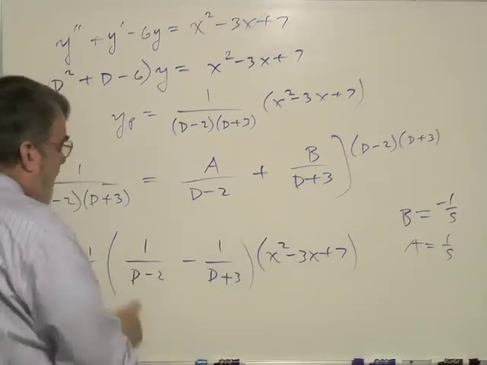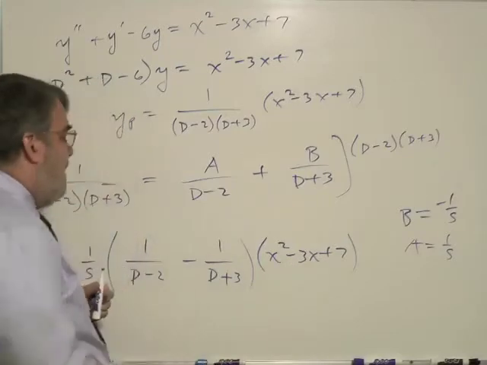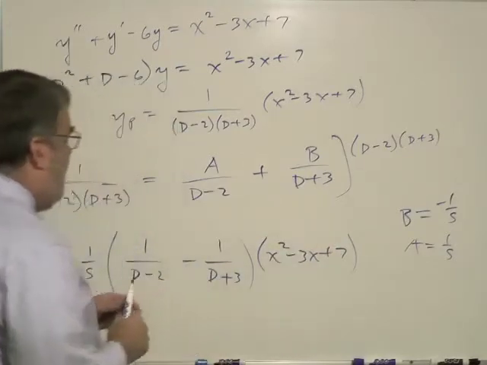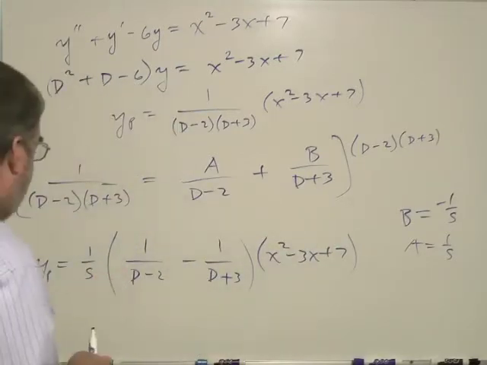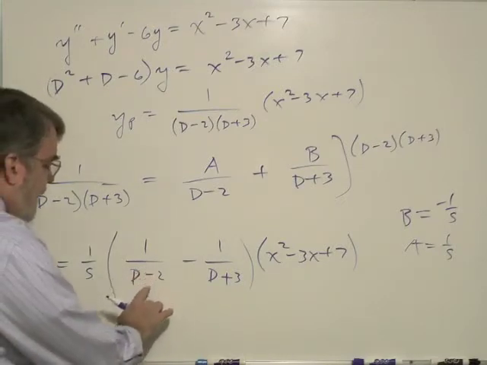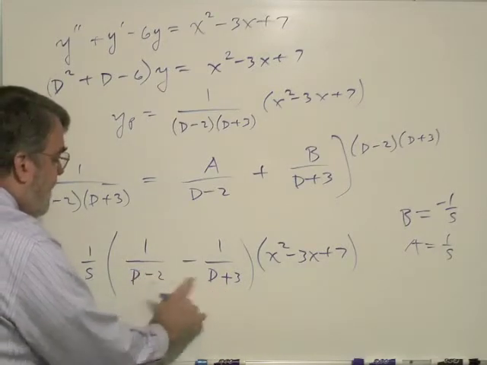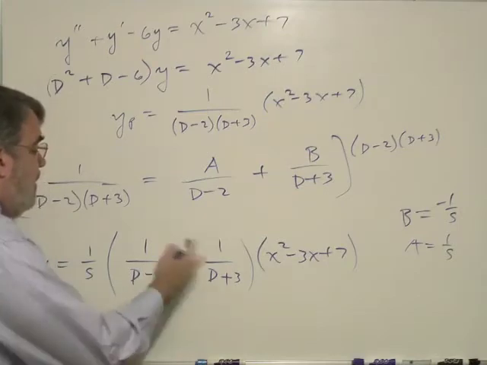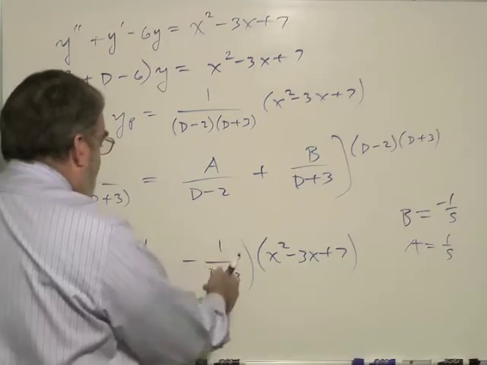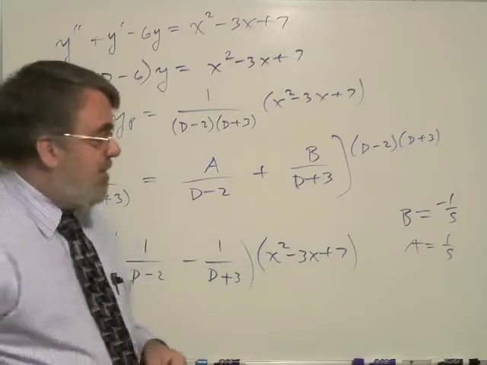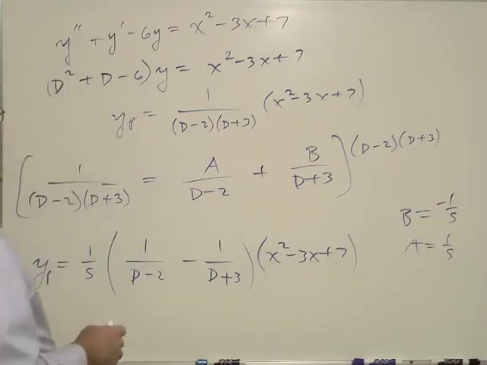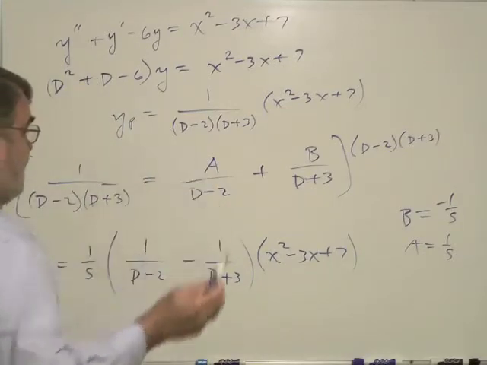We could take this operator operating on that separately, and this operator operating on that separately. I think what I'll do though is do the infinite series expansions for these two fractions and then combine terms, so we have just one operator that's going to operate on x squared minus 3x plus 7. So that means I need to do some more erasing.